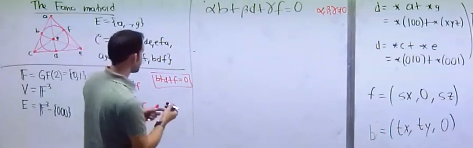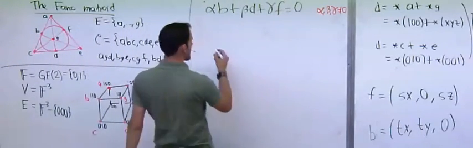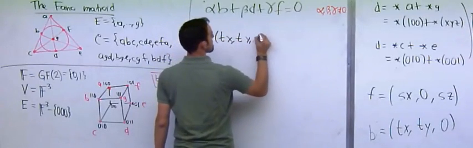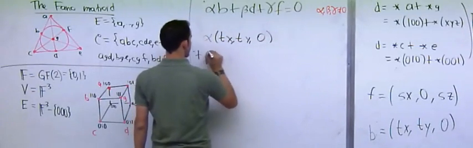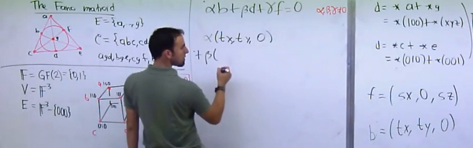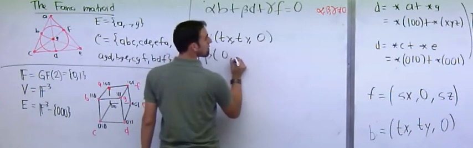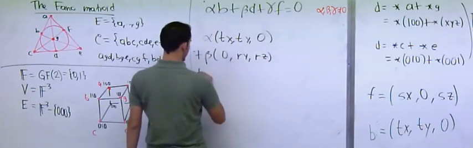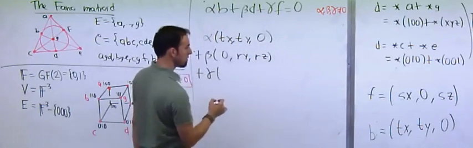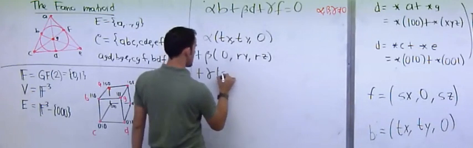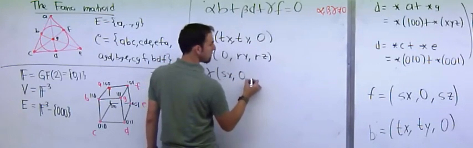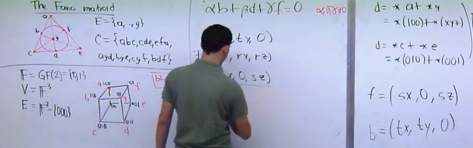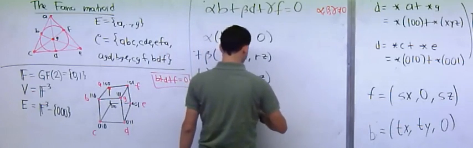Okay? So let's just write this out and see what we get. Alpha times Tx, Ty, 0, plus beta times D is 0, Ry, Rz, plus gamma times Sx, 0, Sz is, when you add all of this, you're supposed to get 0, 0, 0.